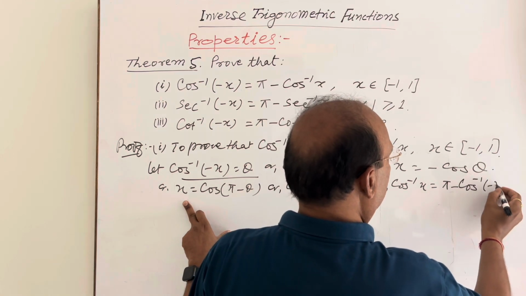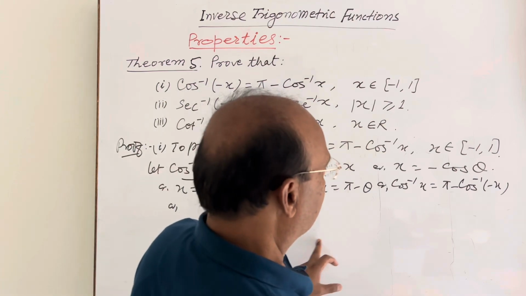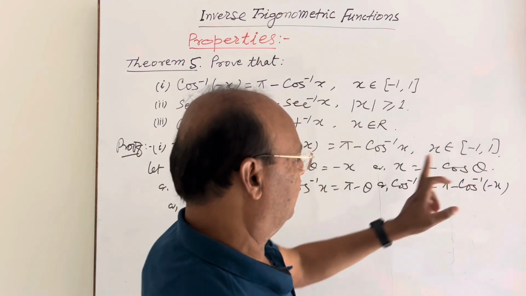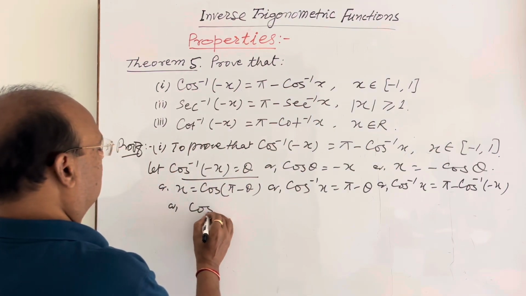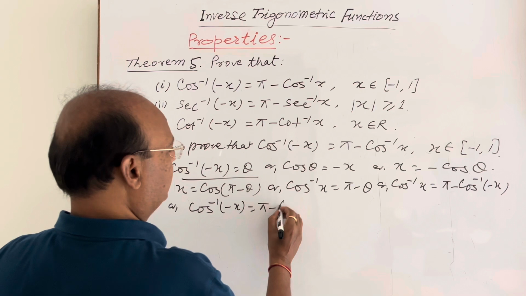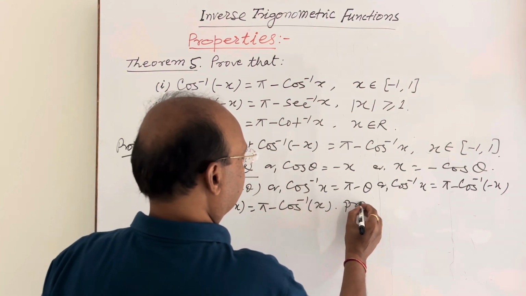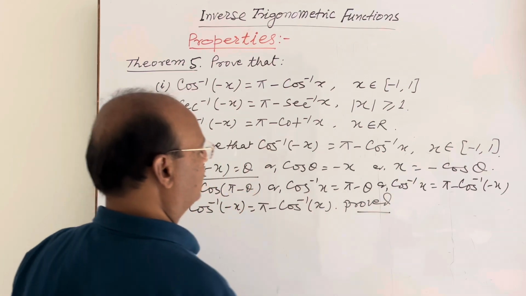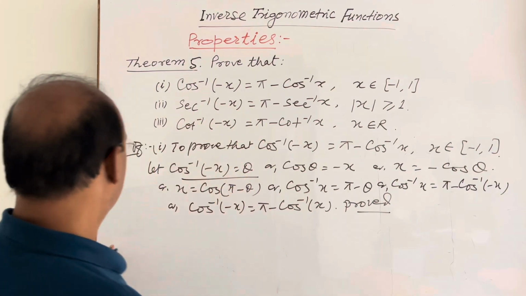Transposing cos inverse of minus x to the left side and cos inverse x to the right side, we will get cos inverse of minus x is equal to pi minus cos inverse of x. So this has been proved. Very interesting solution.